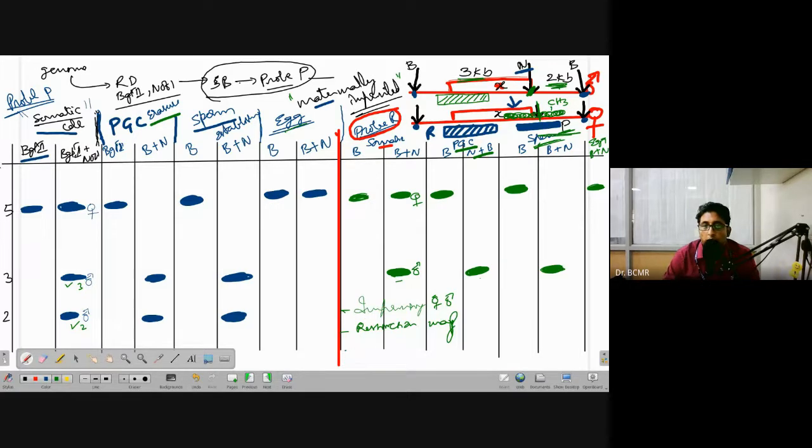We should know about the stage from which the sample has been collected, whether it is from somatic cells or primordial germ cells or gametes. And you should also know about the probe.